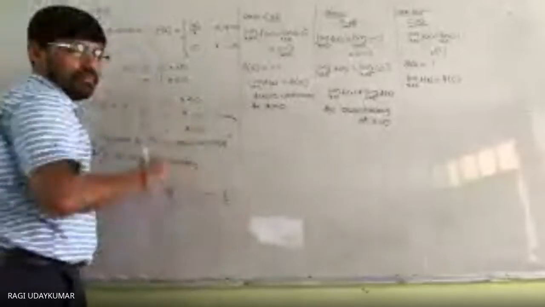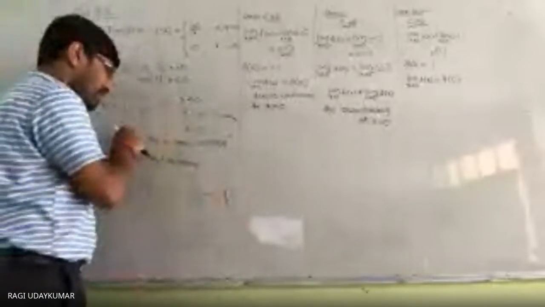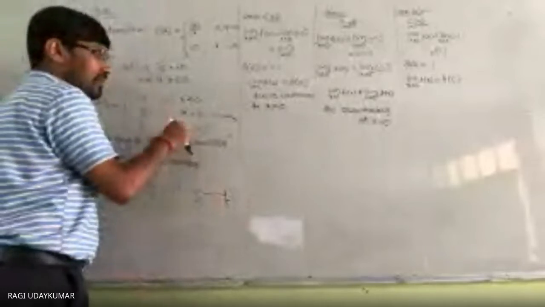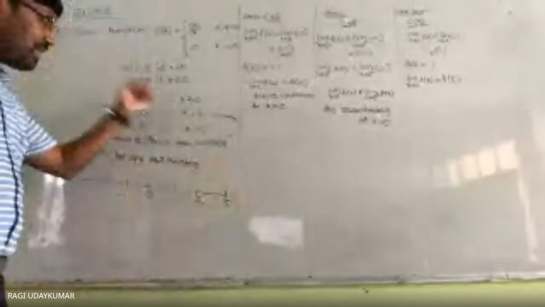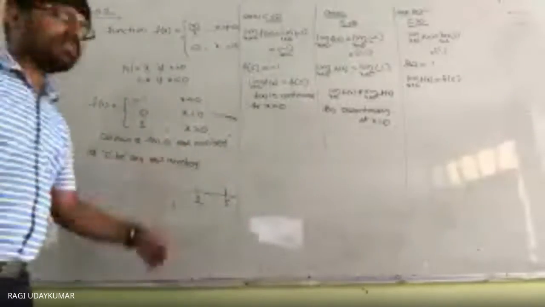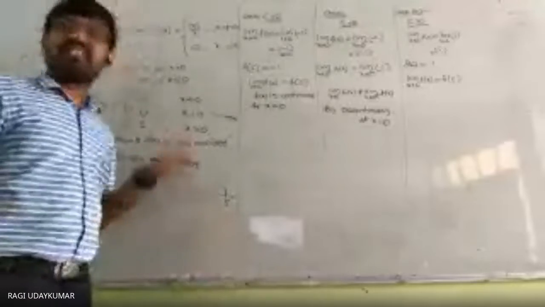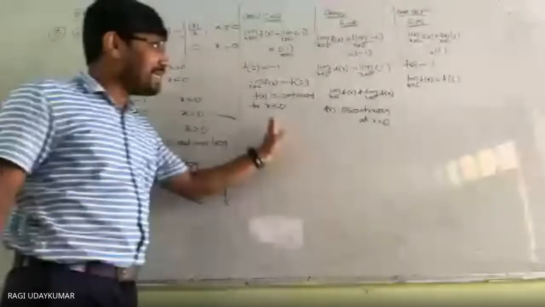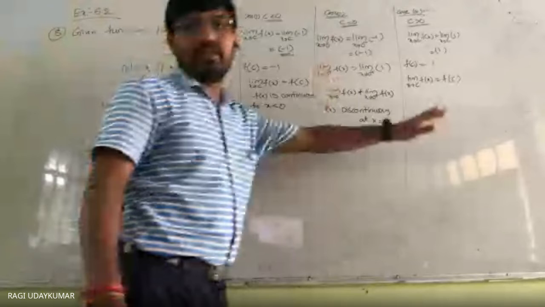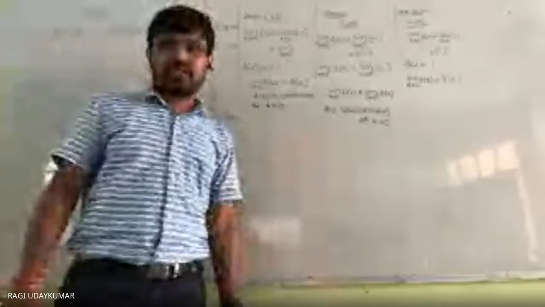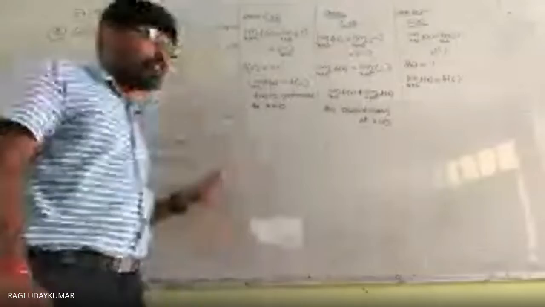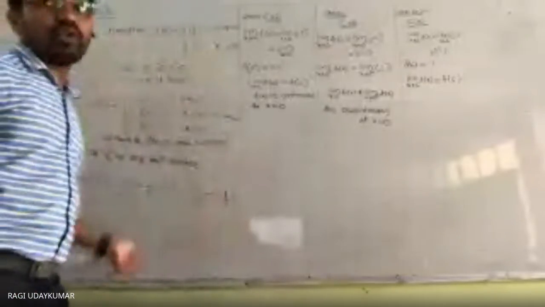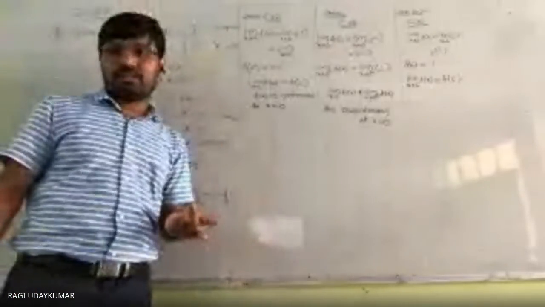The function is the same. The left side of 5 is positive, so the function is the same, and the right side of 5 is the same function. So in both situations we are not going to take the left hand limit and right hand limit. Why take them at 0? Because on the left side of 0 the function is different, and on the right side of 0 the function is different.